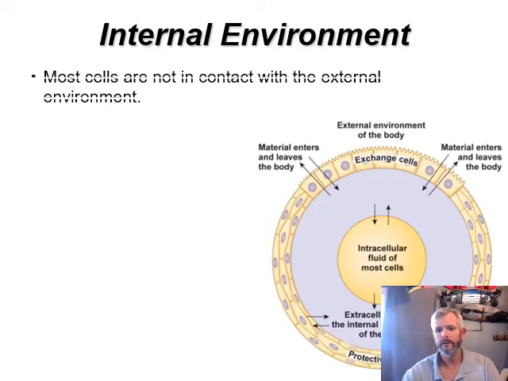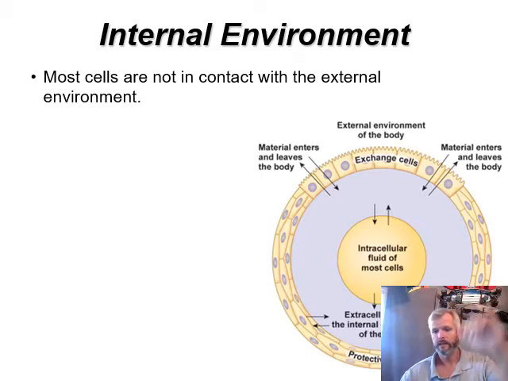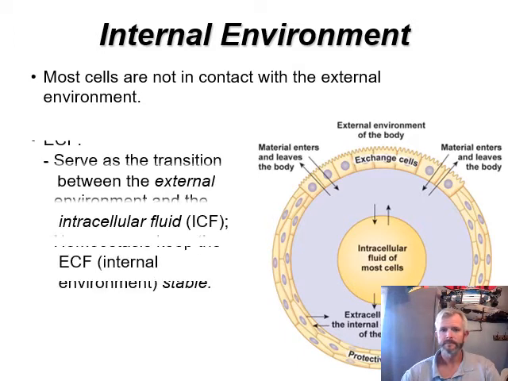So, internal environment. All right, here's our cells. Most of our cells don't have access to the external environment. We have changes taking place, we are losing water, we need to gain water, or we need nutrients. And so these cells are dependent on this extracellular environment because they don't have contact to exchange with the outside world. Okay.